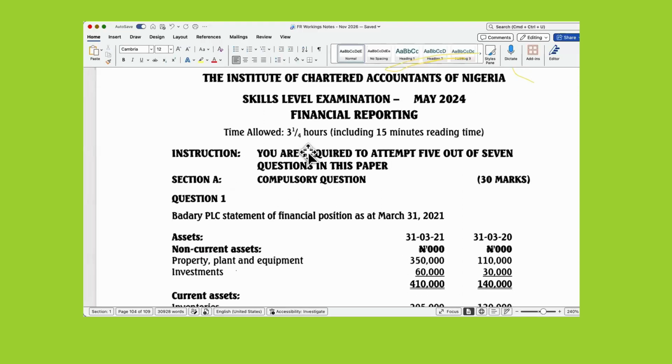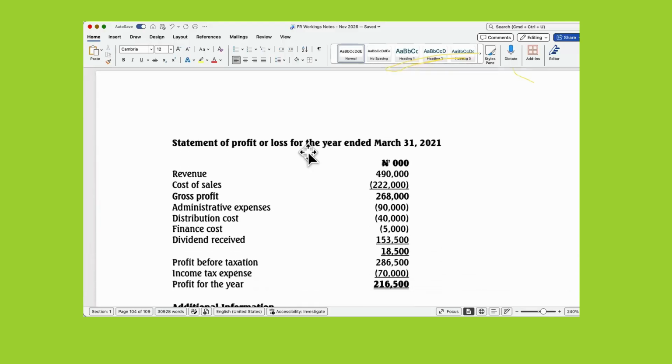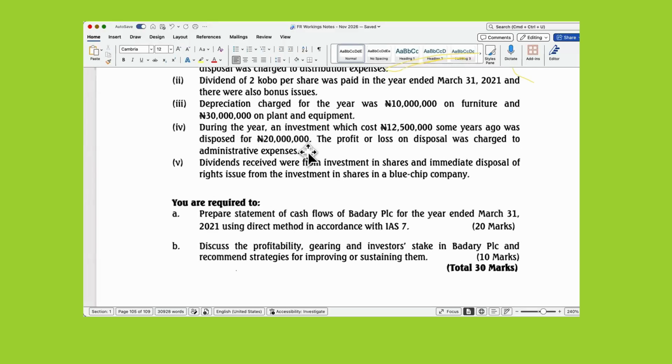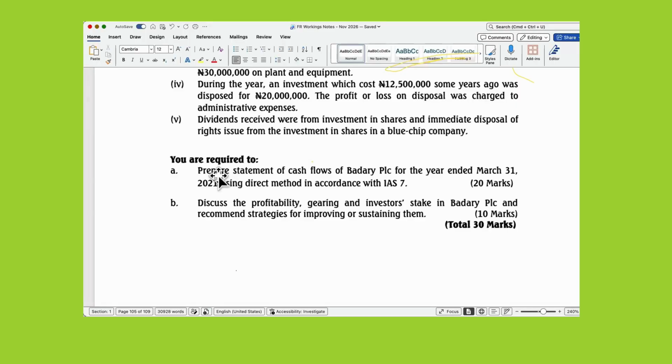Welcome. Now, this was the May 2024 diet, 30 marks. That was the compulsory question for that diet, if I'm not mistaken. The question says: prepare statement of cash flows of Badagry PLC for the year ended March 31st, 2021 using direct method.